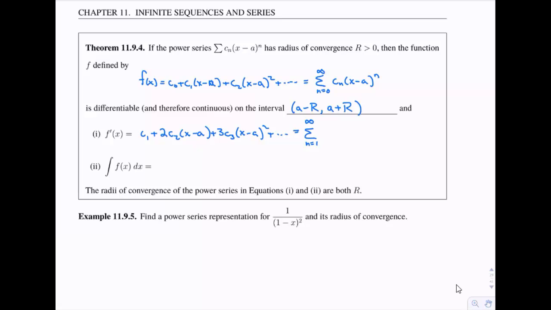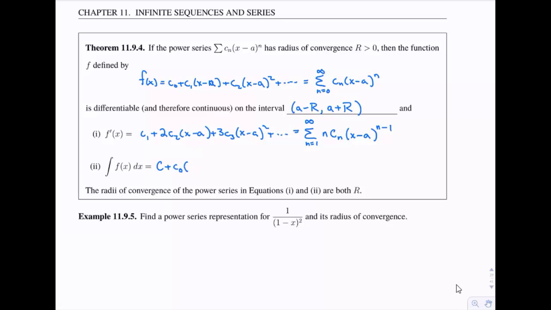So if I do this in the general case, this is actually going to be the sum from n equals 1 to infinity of n times c sub n times x minus a raised to the n minus 1. So it's essentially the power rule, except our c sub 0 is gone, right? So that's why we start at n equals 1.